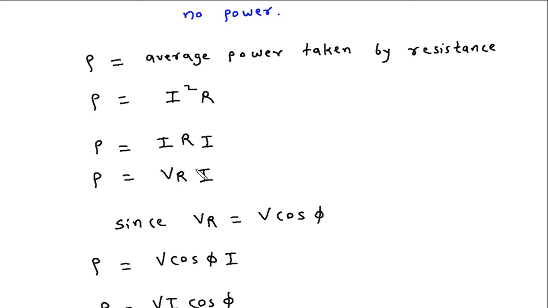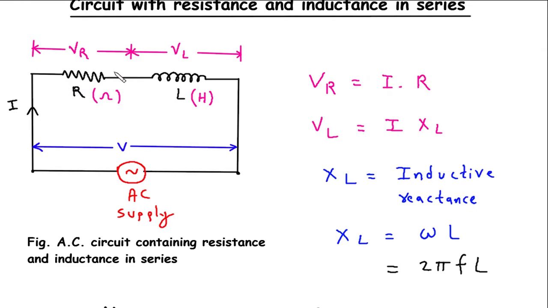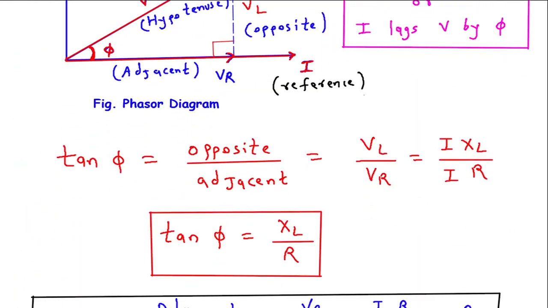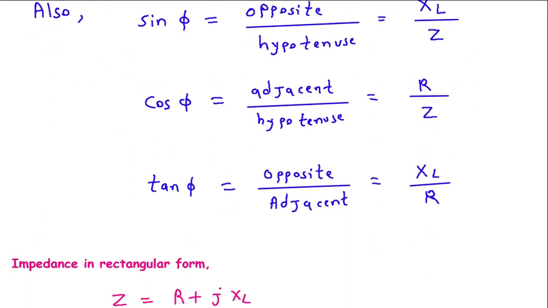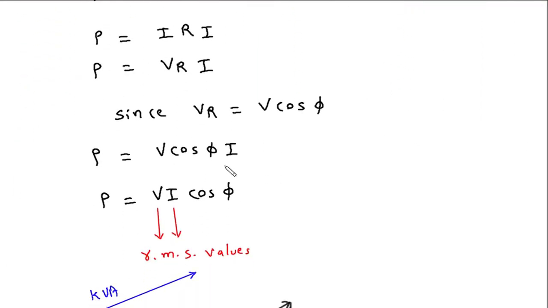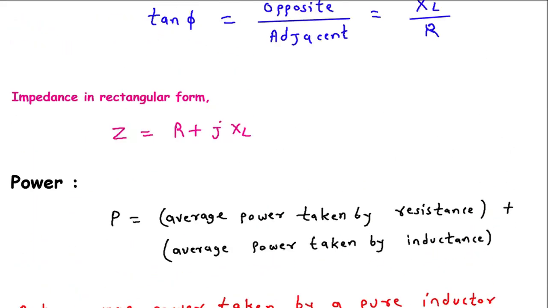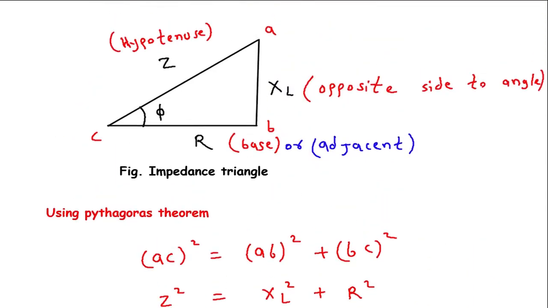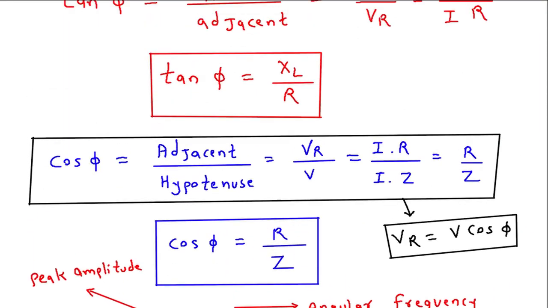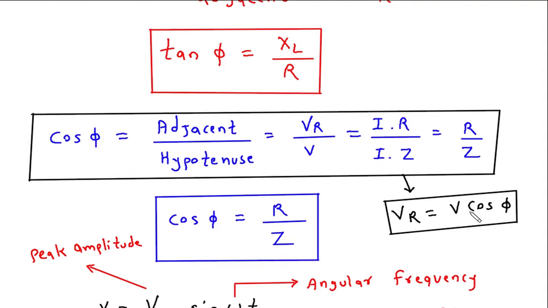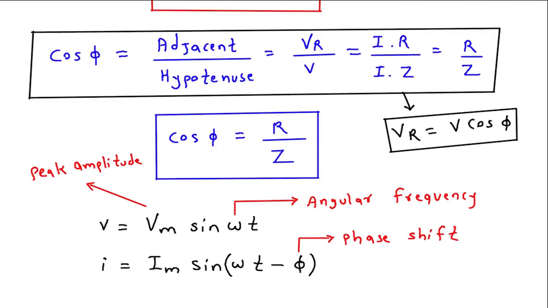This VR is the voltage drop across this resistor R. So power is equal to VR into I. Since VR is equal to V cos phi, from the triangle cos phi is equal to adjacent side upon hypotenuse, VR by V. So VR is equal to V into cos phi.